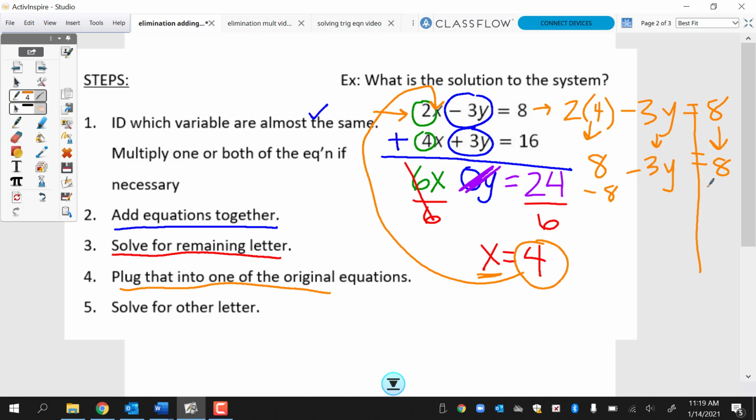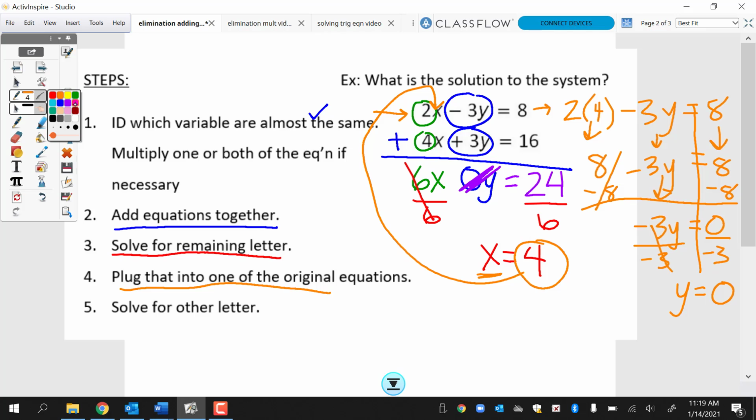So -8, -8. This is just normal solving equation steps. This is -3y equals 8 minus 8. We would type that in the calculator. We would get 0. And then we divide by -3. The -3 cancels out. 0 divided by -3. We type that in the calculator. We get 0.